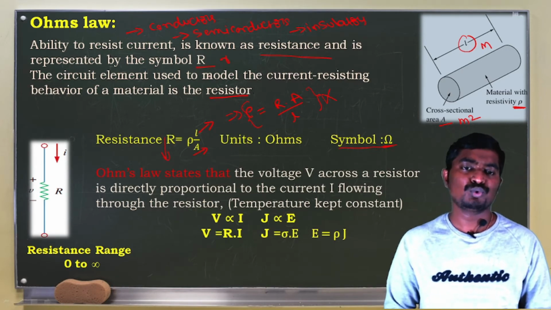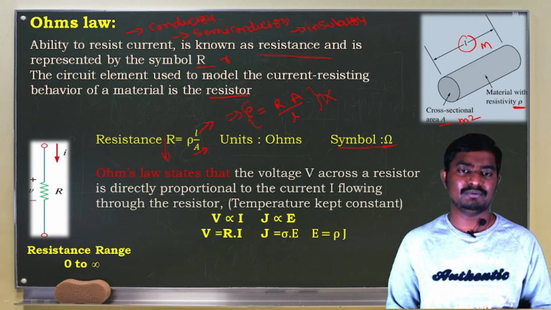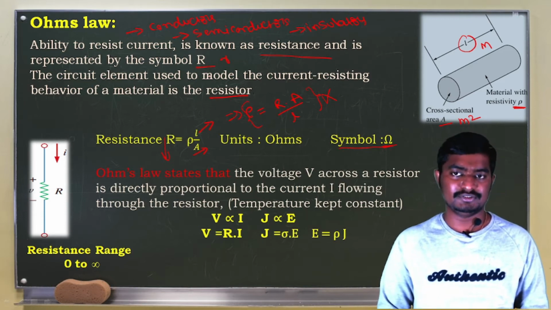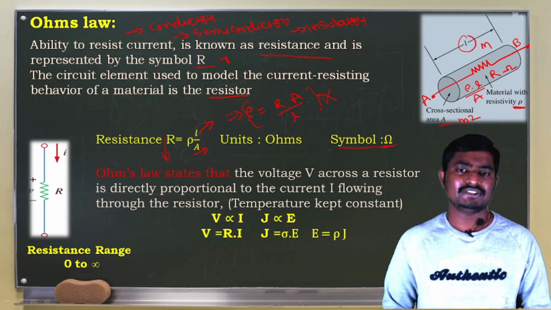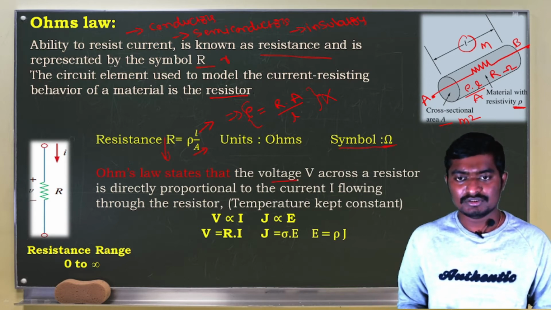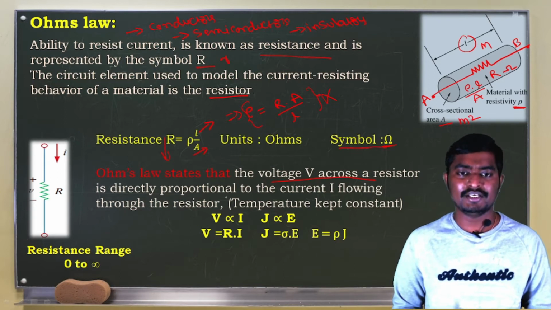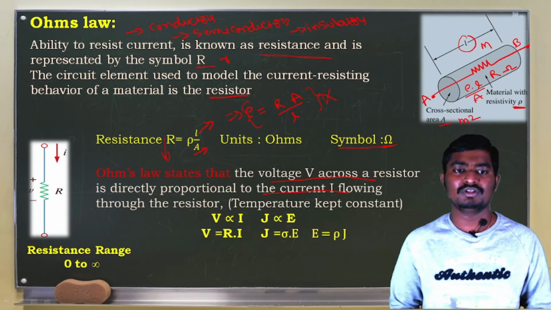Now we will see how to calculate the value of resistance based on operating conditions. For this purpose, we will require Ohm's law. Ohm's law states that the voltage across a resistor is directly proportional to the current flowing through the resistor.